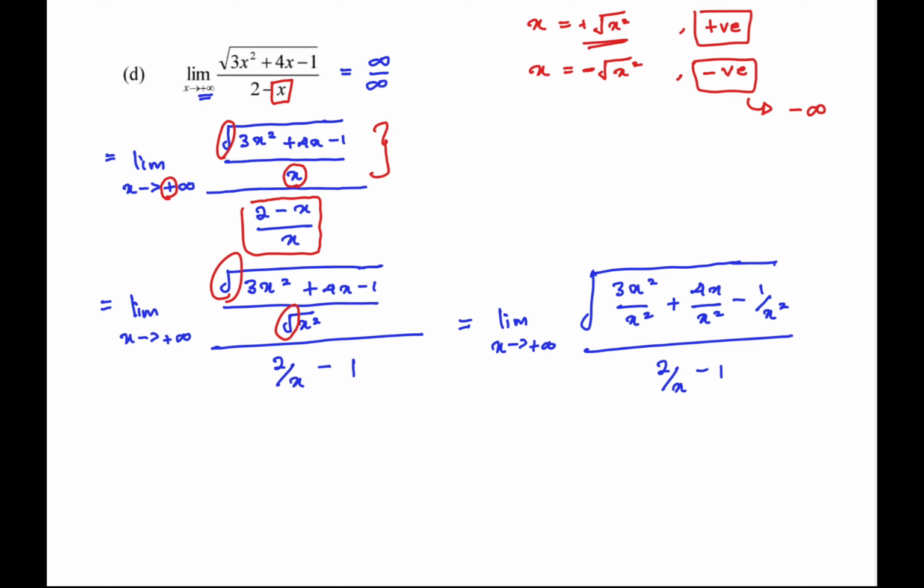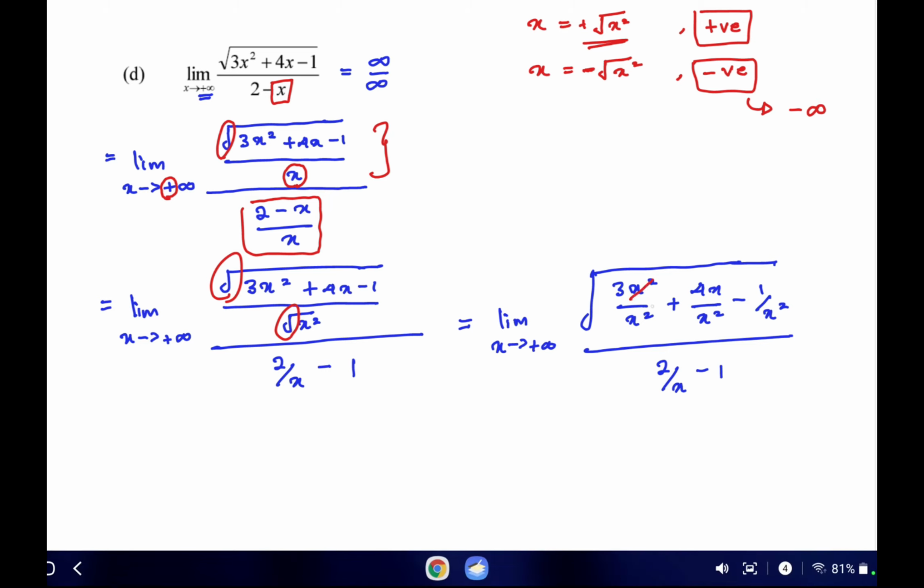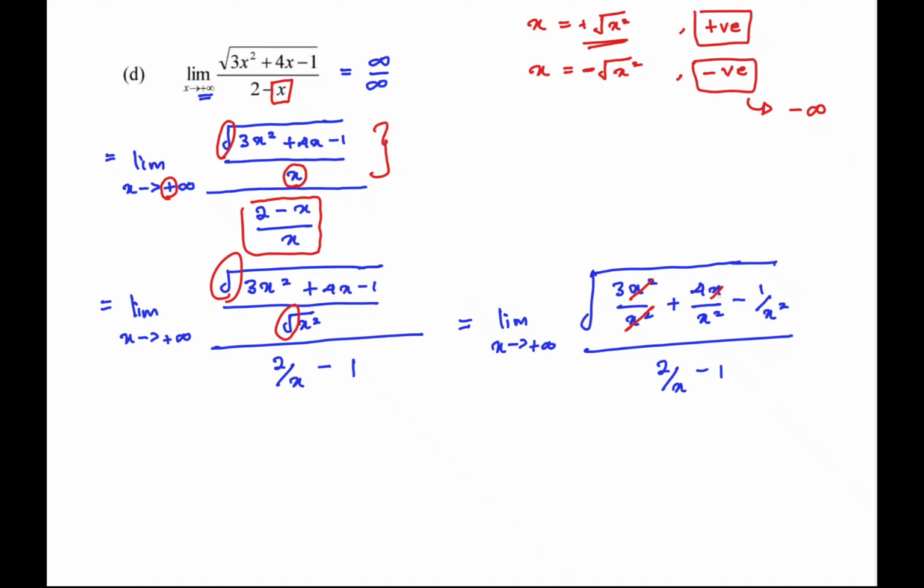So we can simplify this one. It becomes 3, and here 4 over x, and that one is 1 over x squared. And then we can substitute x approaches infinity. After you substitute, this one becomes 3, this one becomes 0, this one becomes 0, and this one becomes 0.